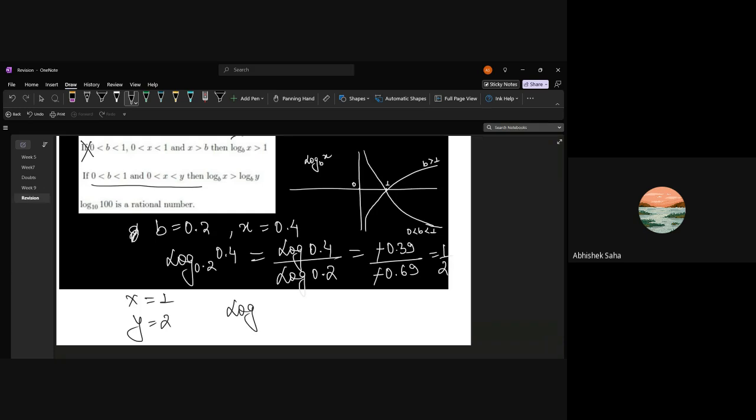Log of x as 1 will give 0, and y as 2 will be here, and this will give a negative value. So which one is greater? This one is greater, so x gives the greater value. Is this option correct or not?